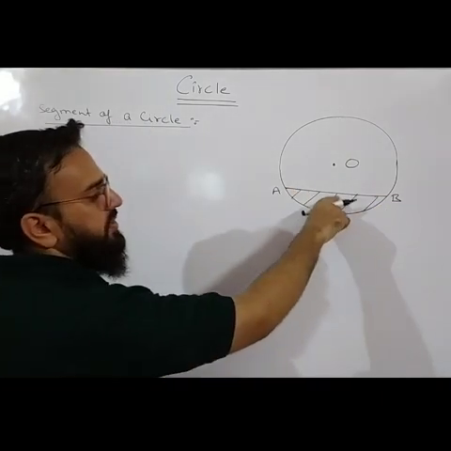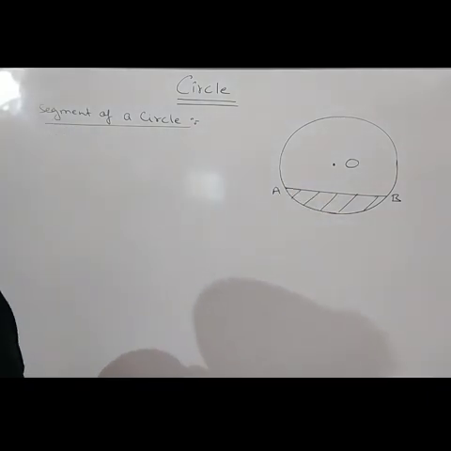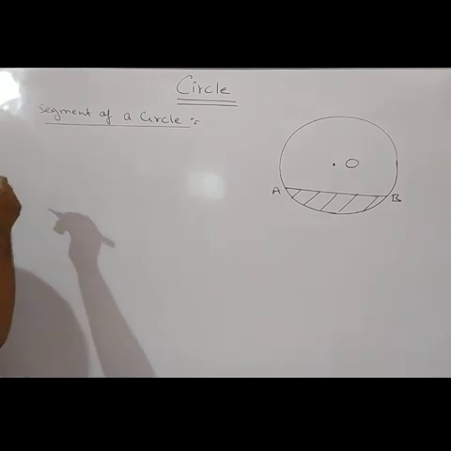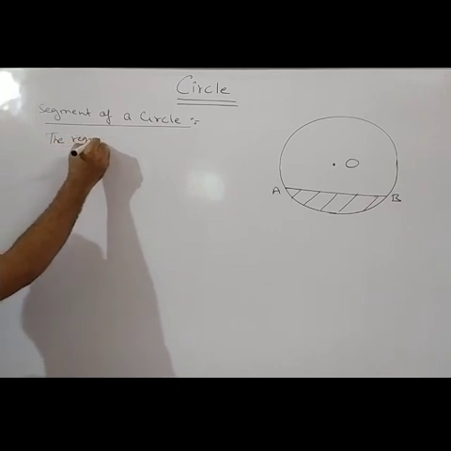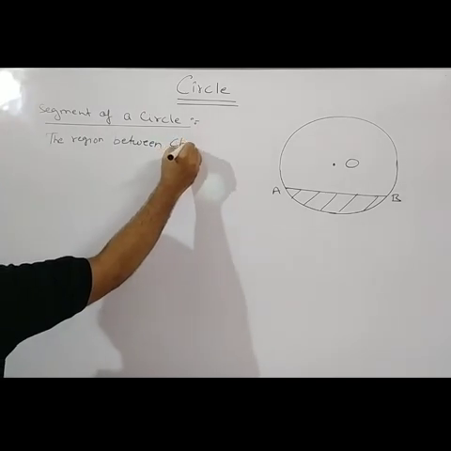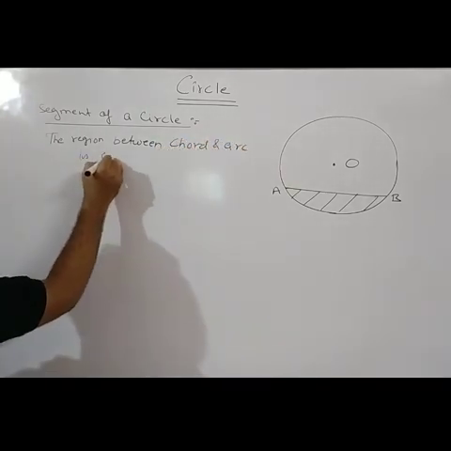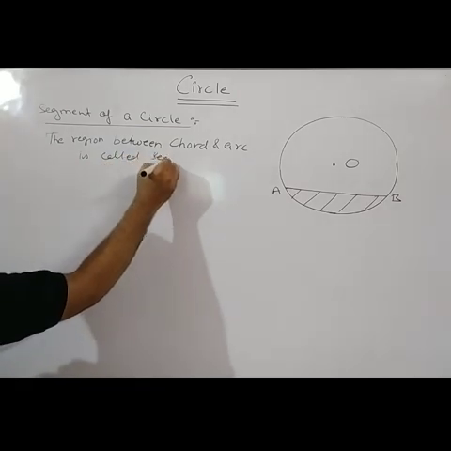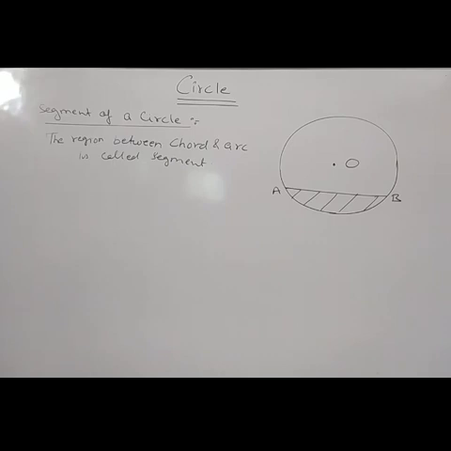The region between chord and the arc is called segment. So what is the definition of segment? The region between chord and arc is called segment.